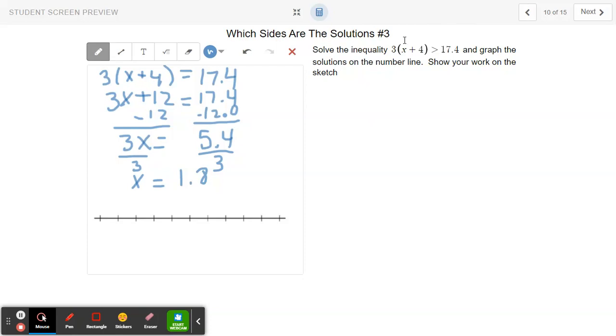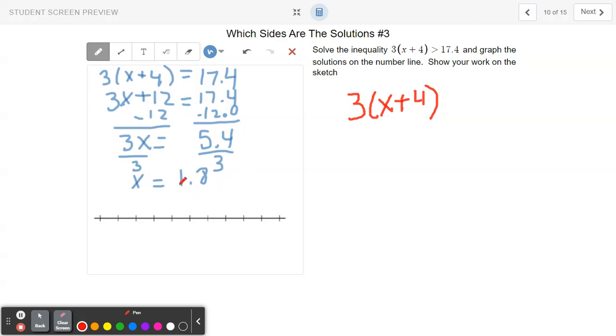When x in this inequality up here is equal to positive 1.8, I know that this side is equal to 17.4. We need it to be bigger than 17.4, right? So this is where, for graphing this, we have to start thinking, what happens if we pick a number greater than 1.8?